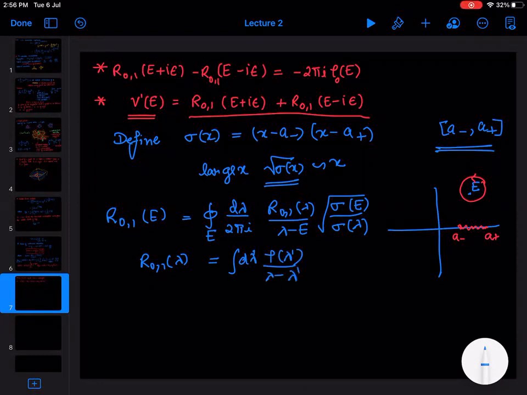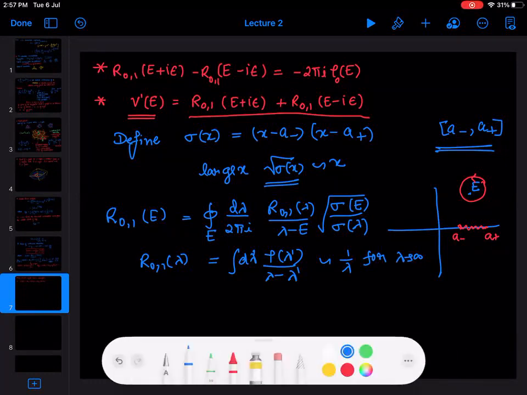As lambda goes to infinity, it goes like 1 over lambda. So there's no pole of this function at infinity. So what we can do is deform this contour around E to a contour around this branch cut.